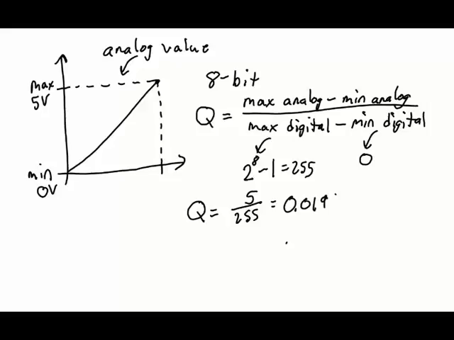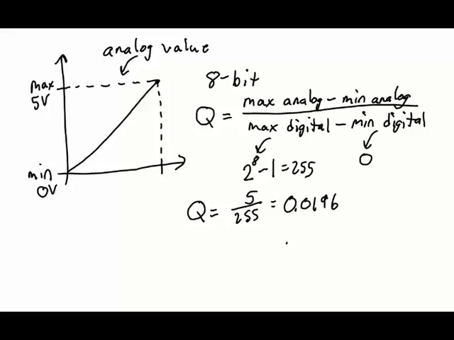That means that when we convert an analog value with a minimum value of 0 volts and a maximum value of 5 volts, any analog value between 0 volts and 0.0196 volts will be converted to the digital value 0. Any value between 0.0196 volts and 2 times 0.0196 volts will be converted to digital value 2.